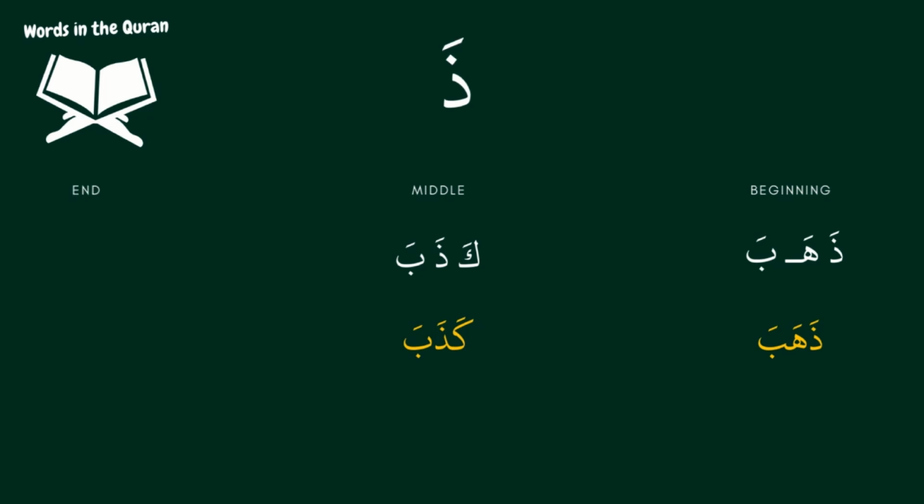The letter Dhal. ذهب. كذب. نبذ. As you see, Dhal is also a letter that can't be joined.